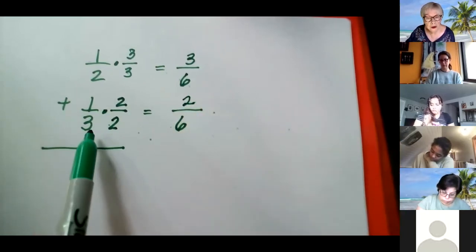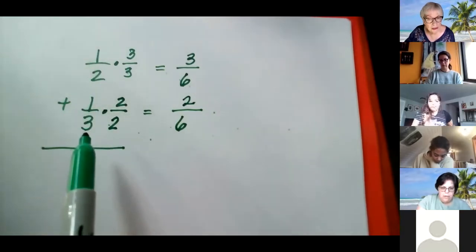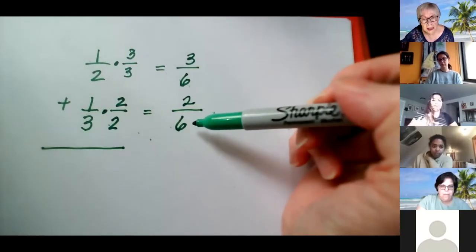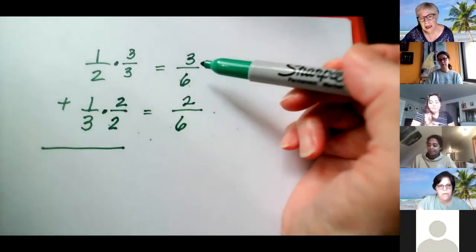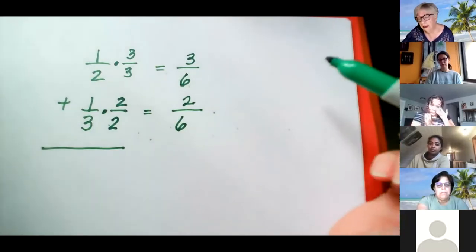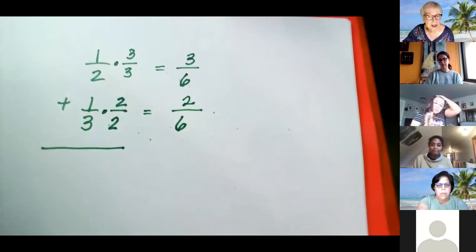Now, although the first problem, 1/2 and 1/3, couldn't be added, this one can, because they're alike now, they're like things. We have everything divided into portions of 6. I showed you the pie. A lot of times with a pie, you can divide it into 6 pieces.